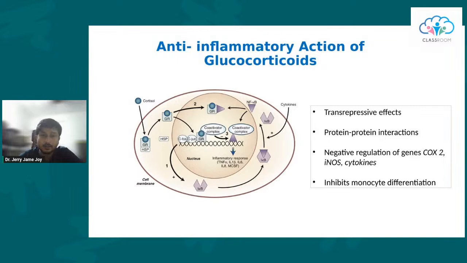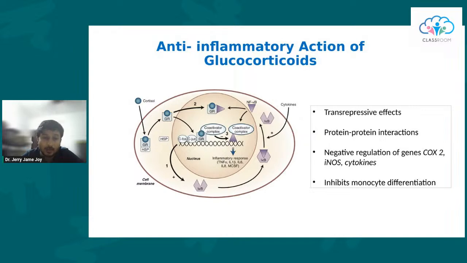So how do glucocorticoids exert their anti-inflammatory action? There are multiple mechanisms. One among them is the trans-repressive effect. Here you can see that the cortisol binds to the glucocorticoid receptor. Then there is an activator complex with c-Fos and c-Jun. This activator complex itself can bind to the gene and produce an inflammatory cytokine response.